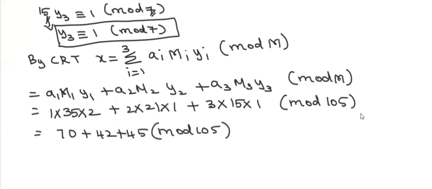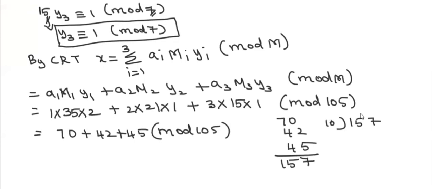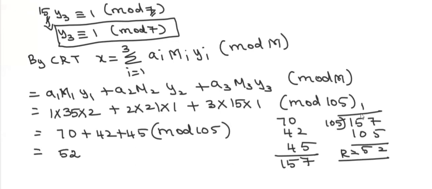70 plus 42 plus 45 gives 157. 157 divided by 105: one time 105 goes in, so the quotient is 1 and the remainder is 52. That remainder is what we write here: x is equal to 52 under modulo 105.